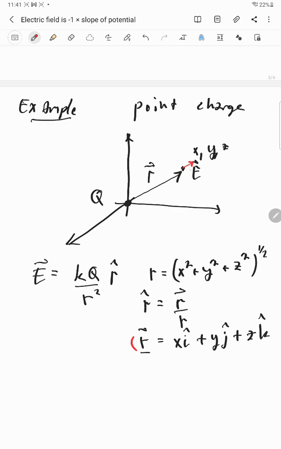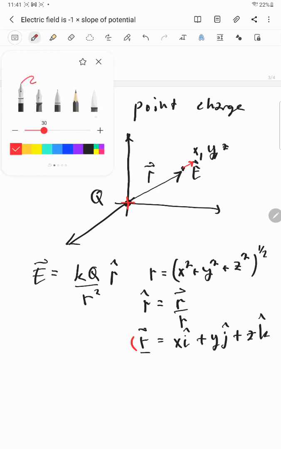So the electric field of negative charges, those field lines go in towards the charge, and you'd have little unit vectors that point inwards towards the charge instead. But let's think as an example, let's think of Q as a little positive charge.